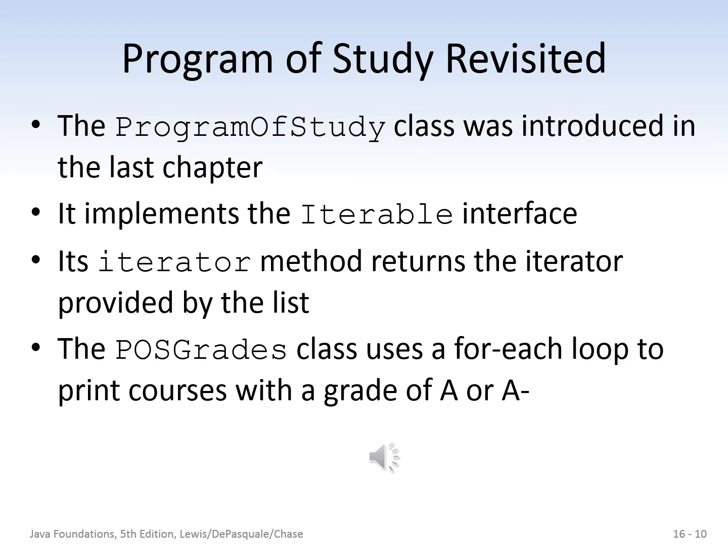So program of study implements the iterable interface, and the iterable method returns the iterator provided by the list. The POS grades class uses a for each loop to print courses with a grade of A or A minus. And obviously, we're going to take another look at that momentarily.